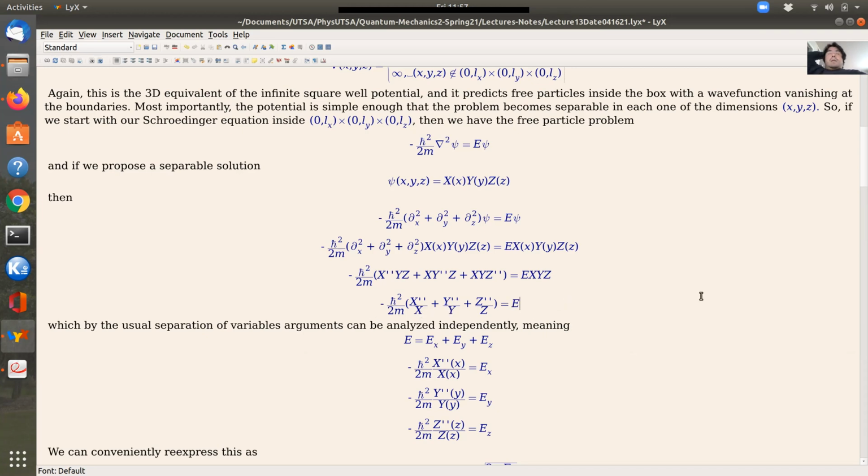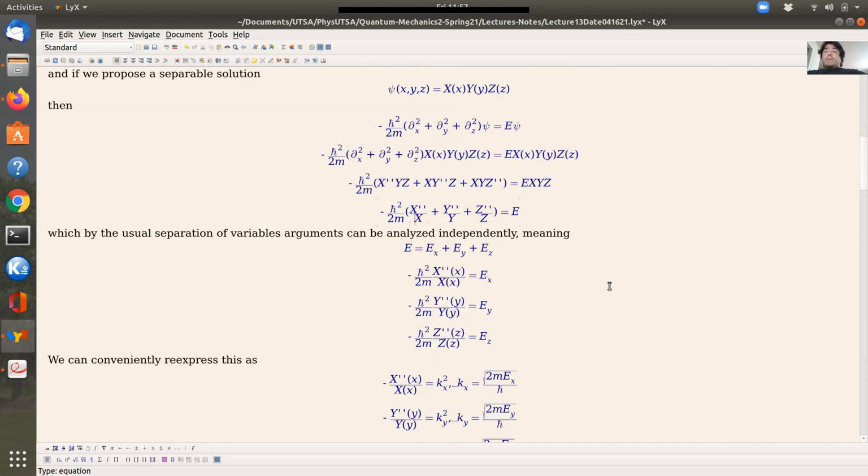Basically, by perturbing in one of the dimensions but keeping all the others fixed, you can assume that each one of these summands is a constant. So what you have is that this energy is made of three separate individual energies, each one related to the x variable, the y variable, and the z variable.